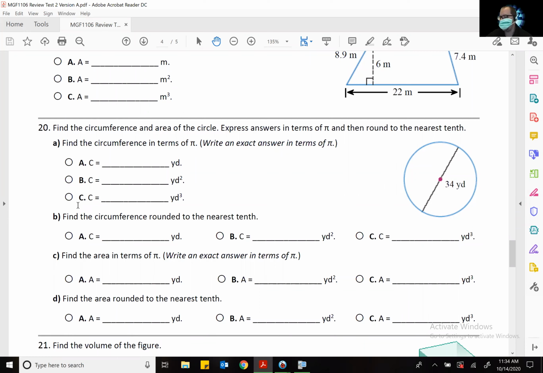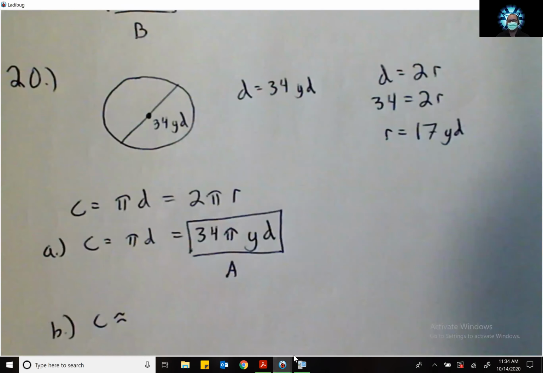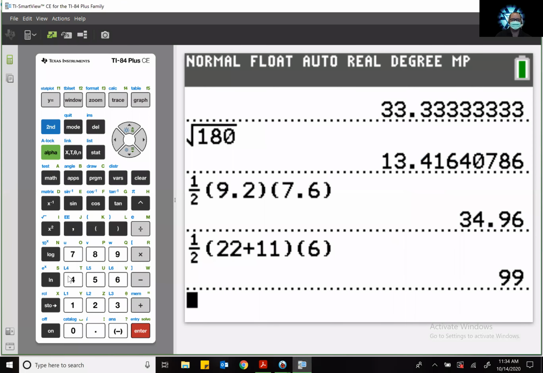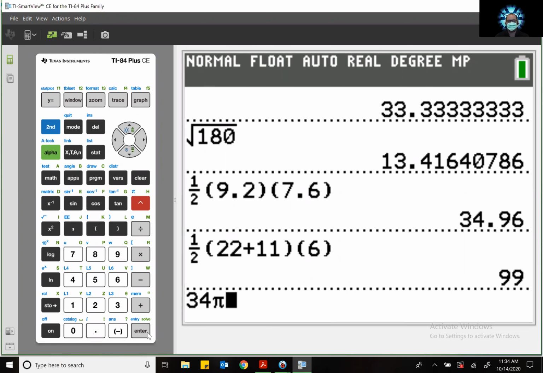Now, for part B, all we're going to do is put 34 pi in the calculator and round to the nearest tenth. So you push 3, 4, second, my little caret key. There's 34 pi. Hit enter.